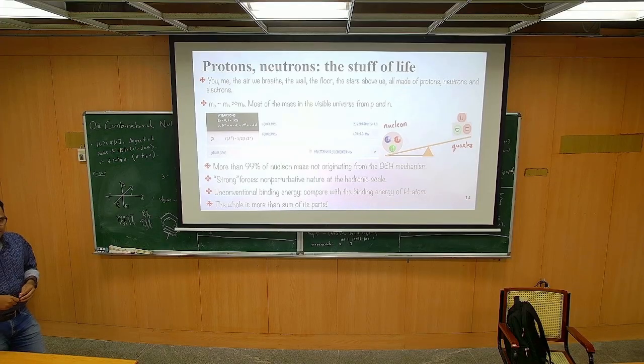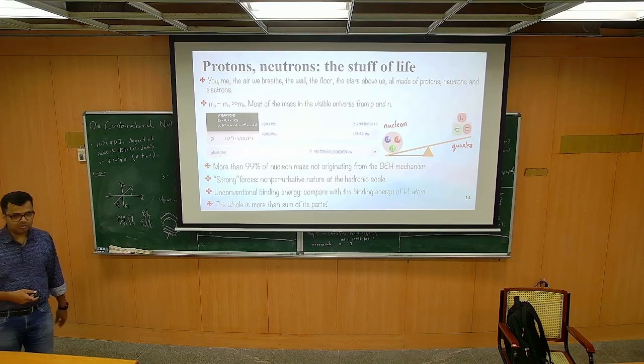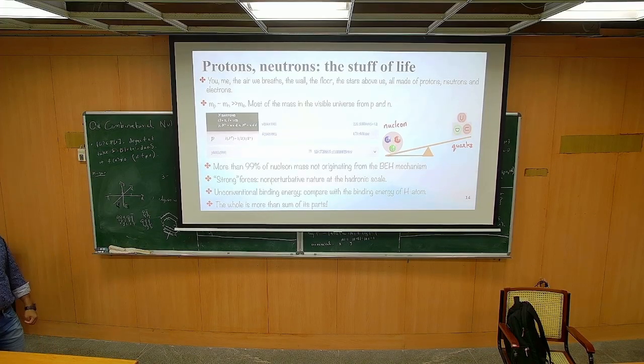If these particles, which originally did not have mass, interact with the Higgs field, they acquire a mass. And this is the mass that the U and D quarks acquire when they interact with the Higgs field.